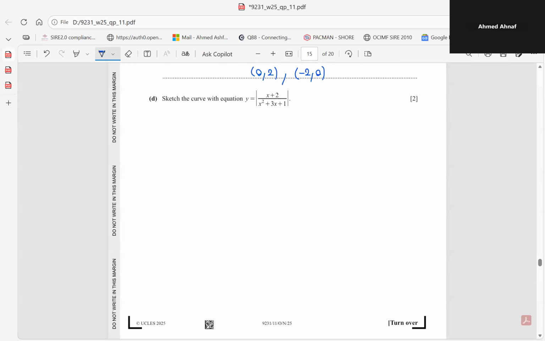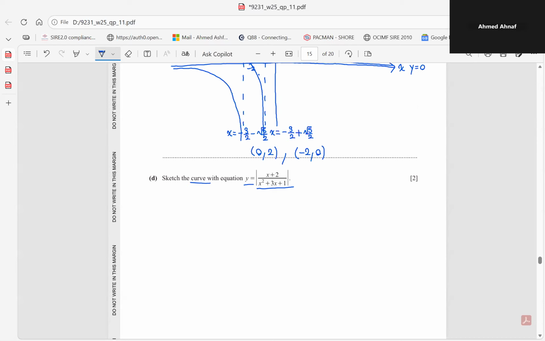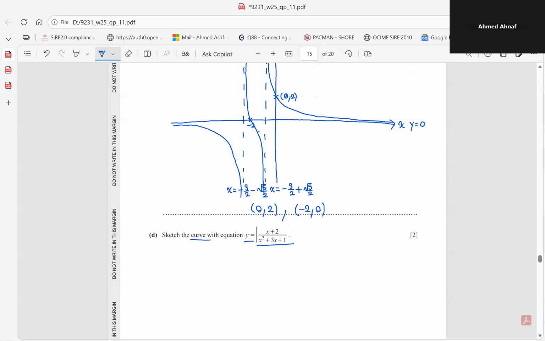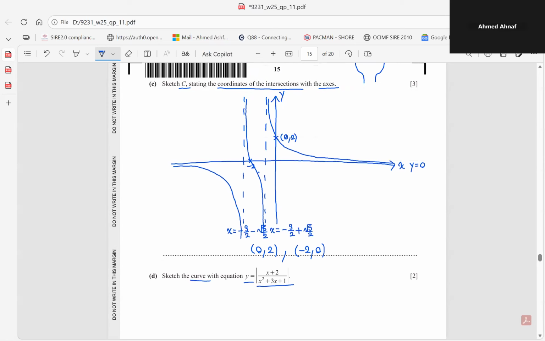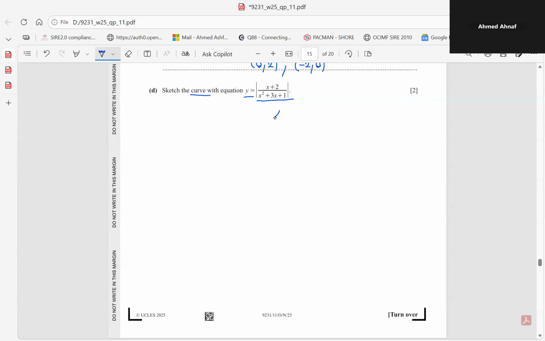Okay, so for this part, we need to sketch the curve with this modulus equation. So basically, we just have to sketch the absolute version of the curve that we sketched here. To do that is very simple. You just reflect whatever is below the x-axis above the x-axis. Okay, so let me sketch the axes.